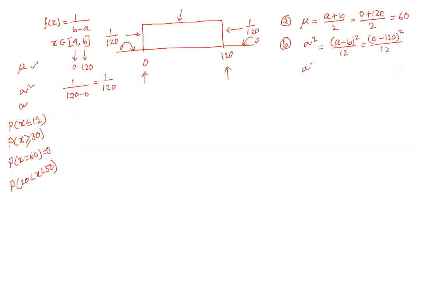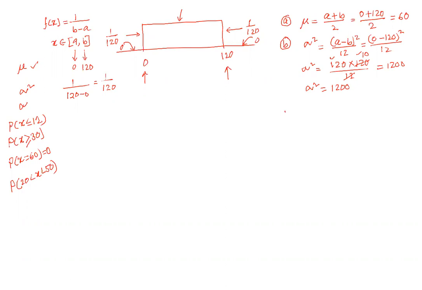So sigma square is equal to 120 times 120 divided by 12. 12 goes into 120 10 times, 10 times 120 is 1200. So your sigma square is 1200.